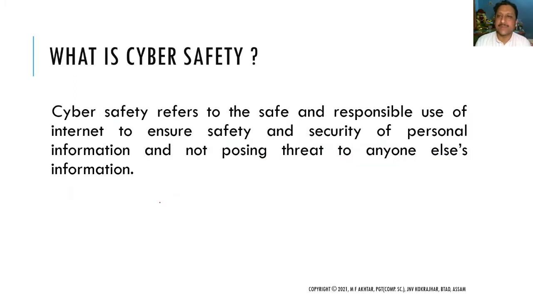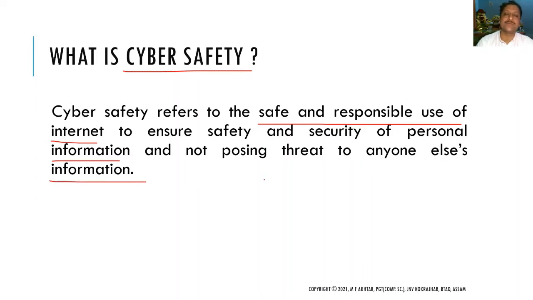Let's see. First we are going to learn what cyber safety is. Cyber safety, as we said, refers to the safe and responsible use of the internet. Responsible use, proper use of the internet is just cyber safety. It ensures the safety and security of personal information and does not pose a threat to anyone else's information.